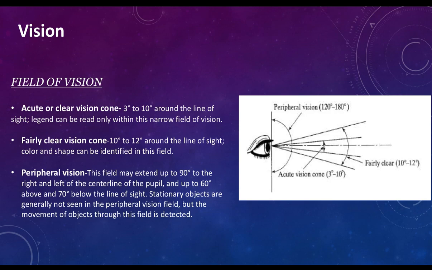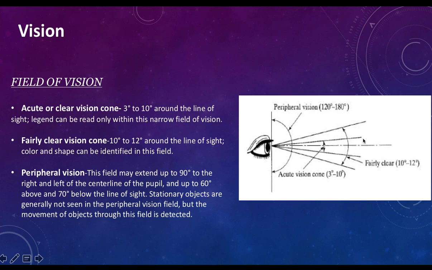So do you think if it was placed at a higher height or at a lower point, you could read it? No, you can't, because it's placed in this part, the acute or clear vision cone. You can read legends or signboards, the reading part, only when it is 3 to 10 degrees around the line of sight. That means this part, between these two lines. Only then can you read it.